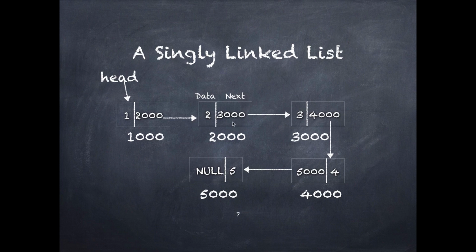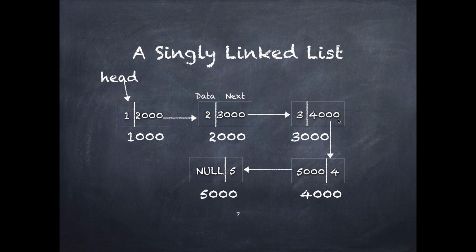Clear? Now in the second node, what is the address part? The second node's address part has the value 3000, which is nothing but the address of the third node. So you can see slowly the link has been established in this manner, right? 3000 is the address of the next node.